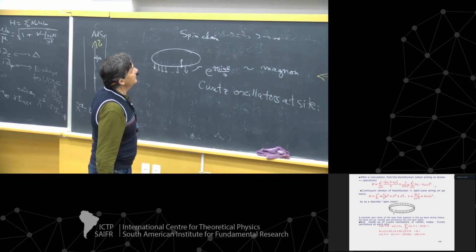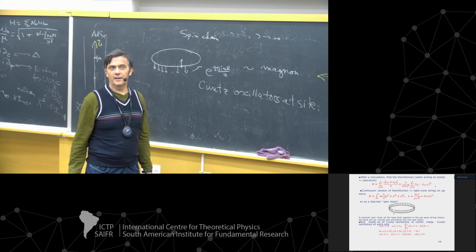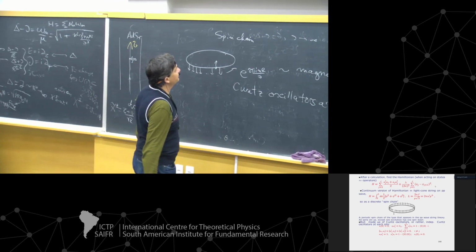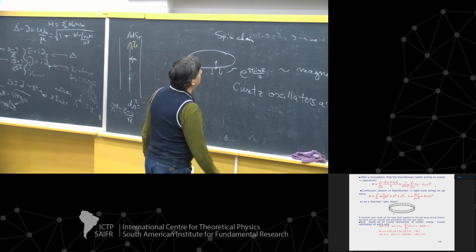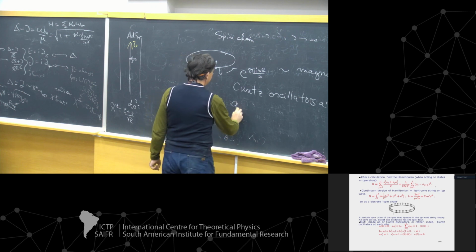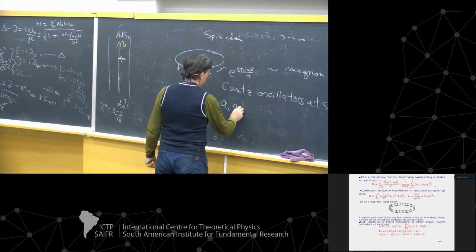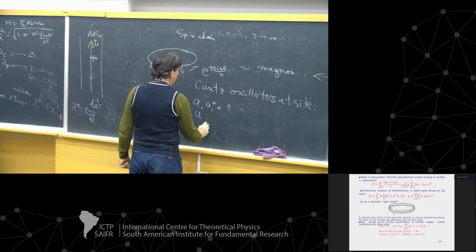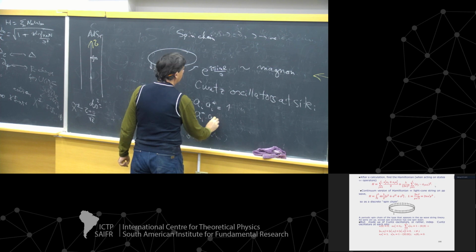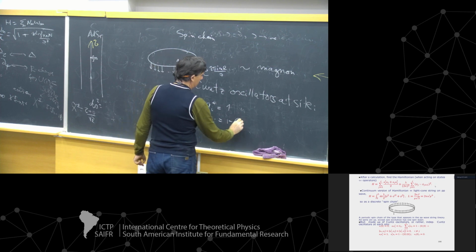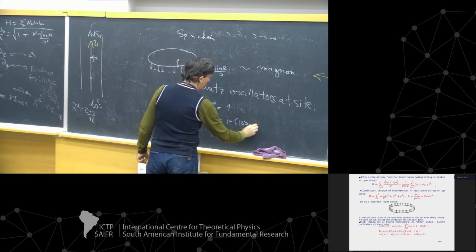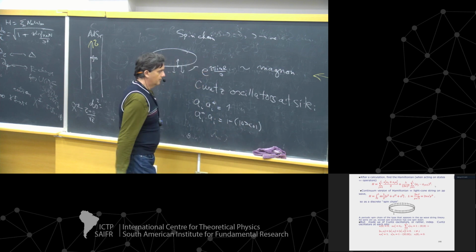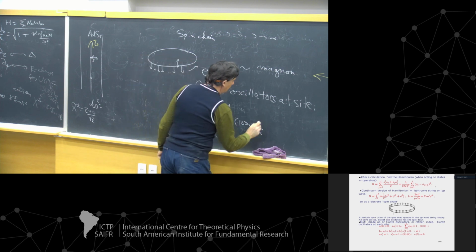Those don't satisfy the usual oscillator algebra, but a modified one. For a Cuntz oscillator at the site, the algebra is as written there. So A_i A_i dagger is 1, but A_i dagger A_i is 1 minus the projector onto the vacuum at site i.